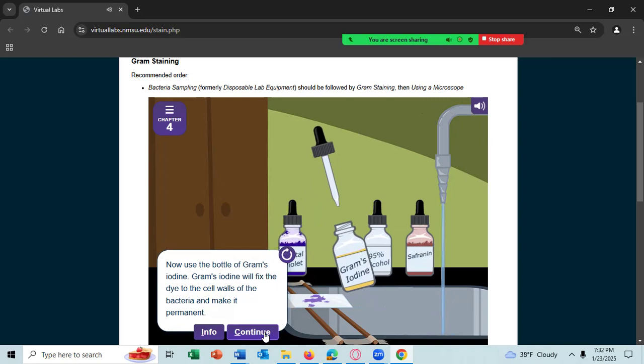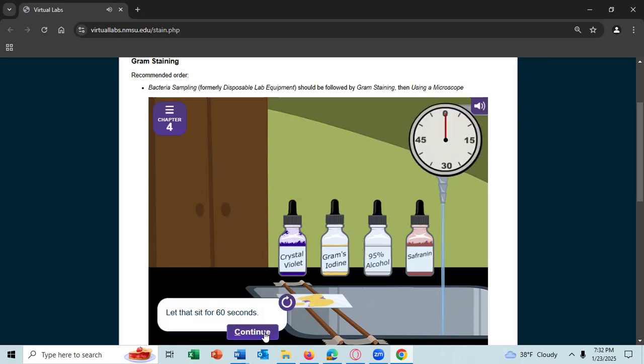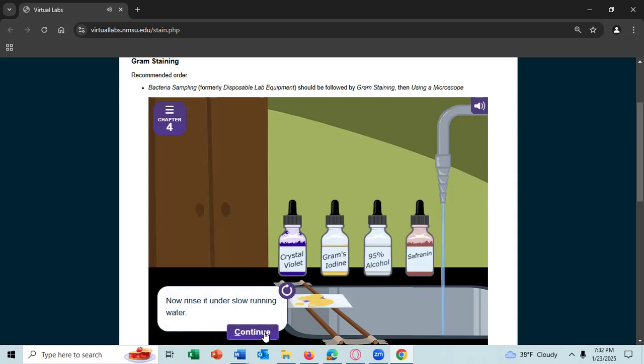Now use the bottle of Gram's iodine. Gram's iodine will fix the dye to the cell walls of the bacteria and make it permanent, if it's gram-positive. Squeeze several drops onto the sample, enough to cover it completely. Let that sit for 60 seconds. Now, rinse it under slow-running water.